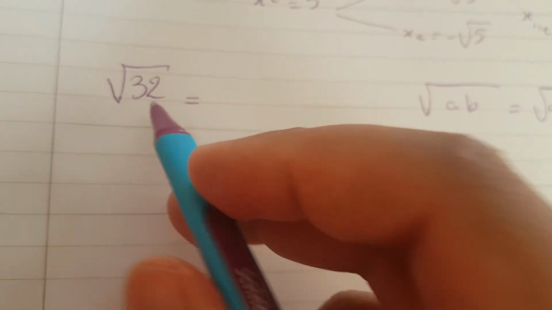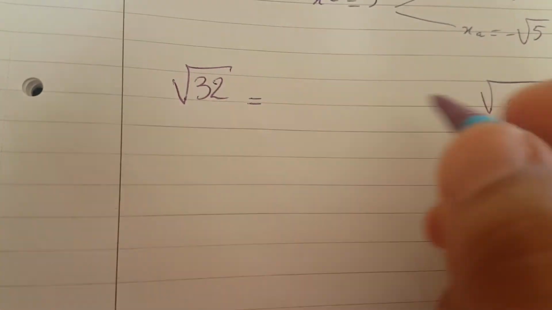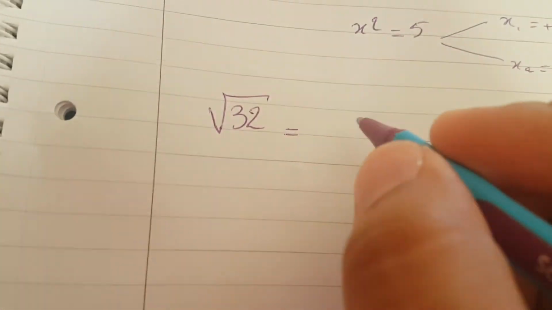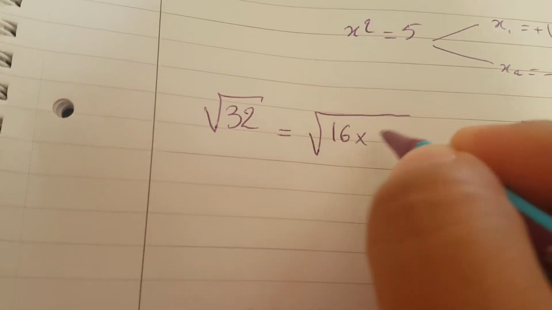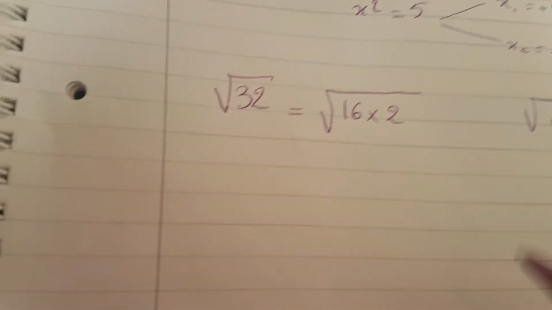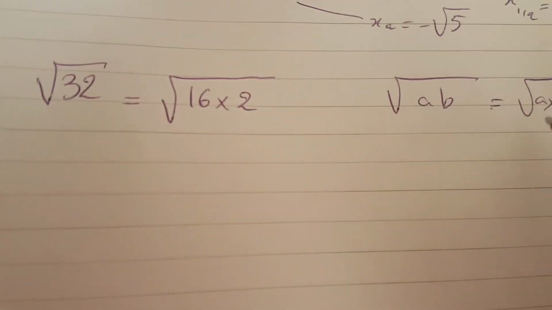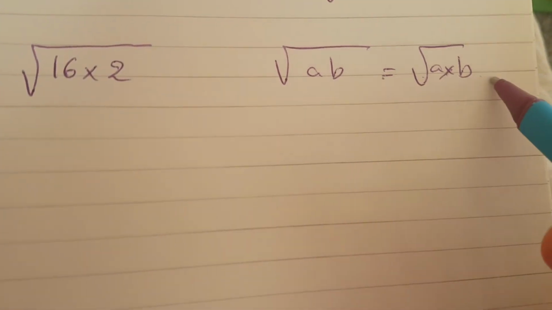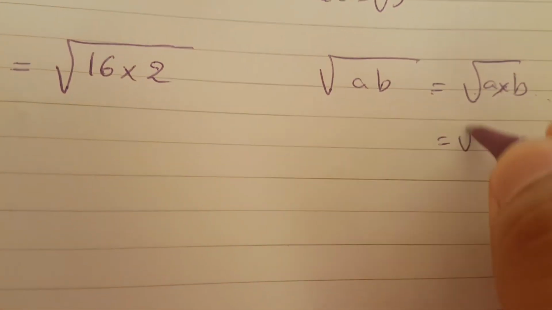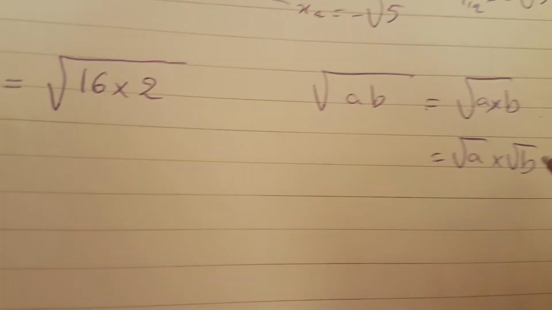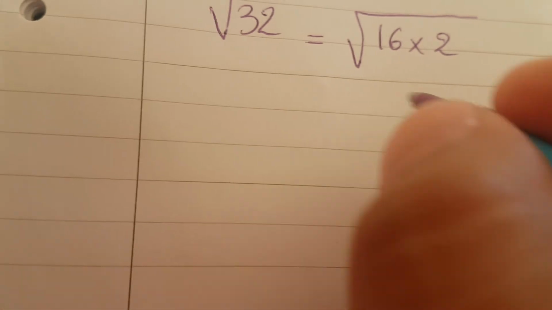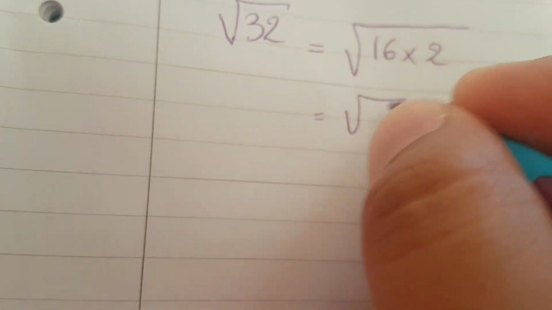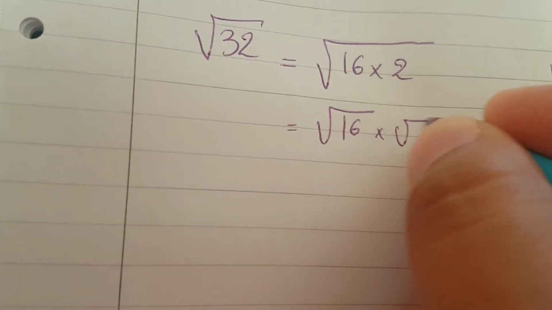We can use the same idea here and split up the 32. We can say 32 is the same as 16 times 2. We know that the square root of A times B is the same as the square root of A times the square root of B. So the same idea can be used here, and it's the same as square root of 16 times square root of 2.